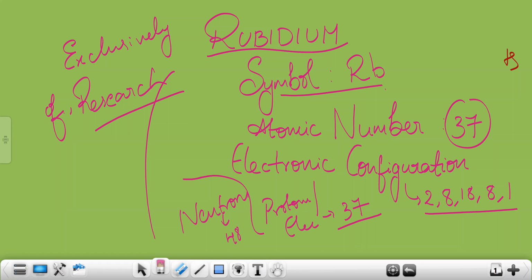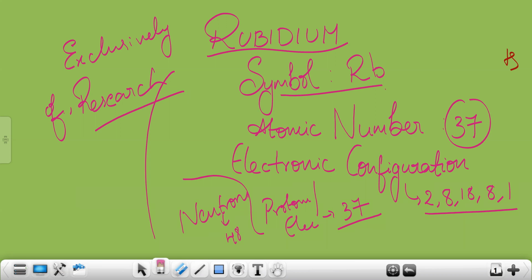These are the elements invented by scientists, and it is not that only these many elements exist. If tomorrow you become a scientist and want to discover something, you can also discover a new element.